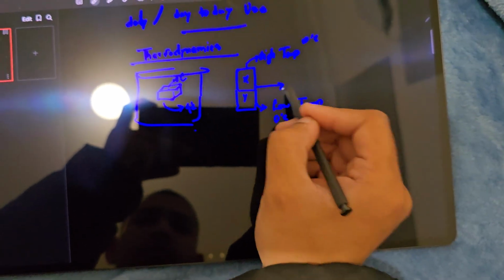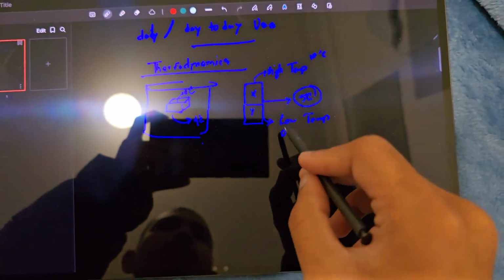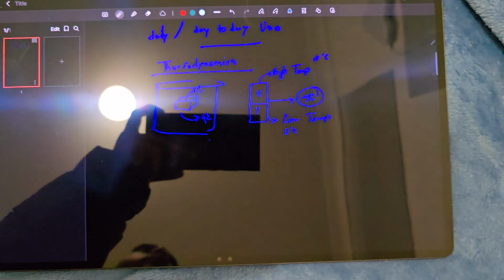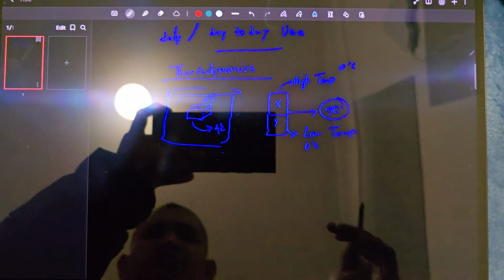After some time, both are going to be 5 degrees Celsius or close to that, but both are going to be at the same temperature if you keep them in the same place. So that's thermodynamics. Nothing much to learn about it.